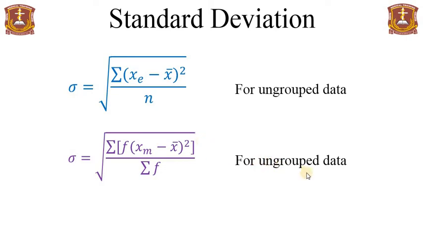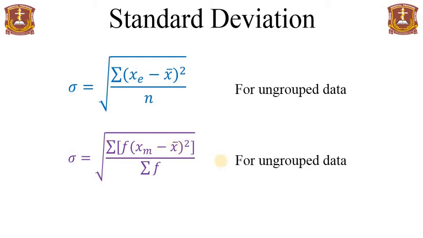Similarly, this is now grouped data. When you're talking about grouped data, you will have to find the midpoint. So instead of using entries, we look for midpoint values, or the mid values, for the various classes. Then you get the mean of the data, so you know the procedure for finding the mean as well.